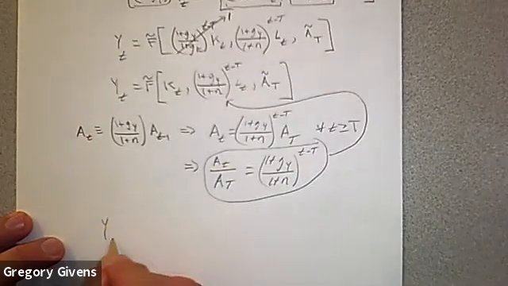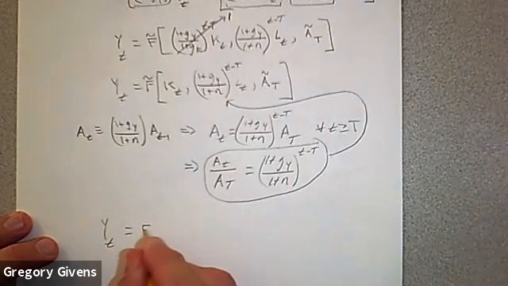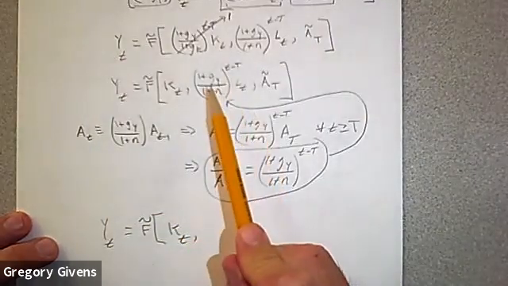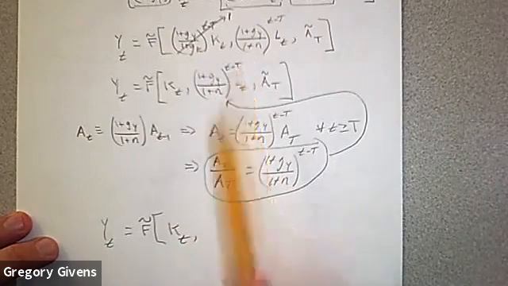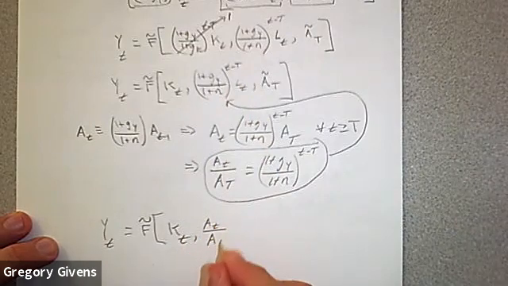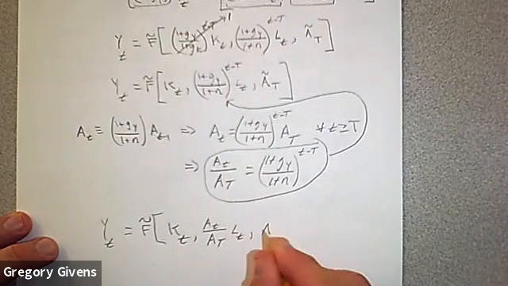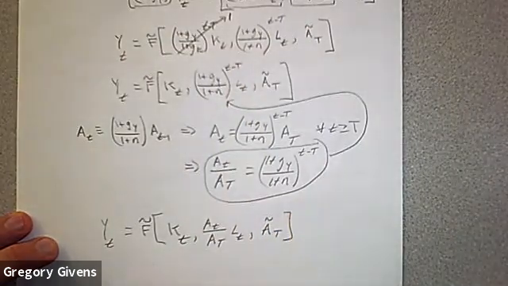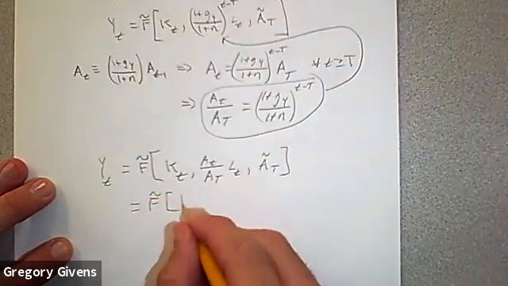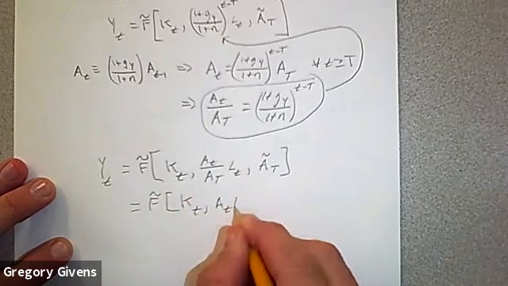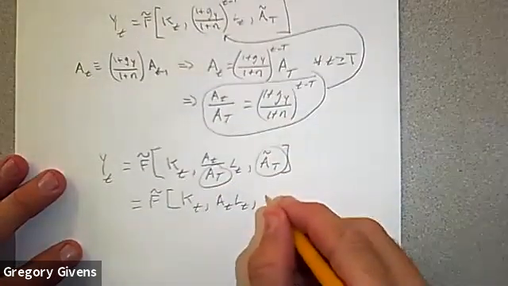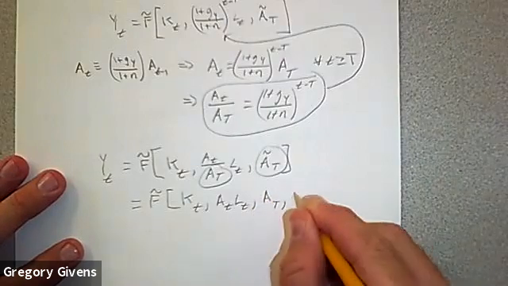And we get that y_t will be equal to F tilde of k_t, and (1 + gy) over (1 + n) raised to the t minus cap T is just A_t over A_cap T. Well, that's just equal to a function of k_t, A_t l_t, and then there are two terms that are independent of little t, so we can just write them as secondary arguments.